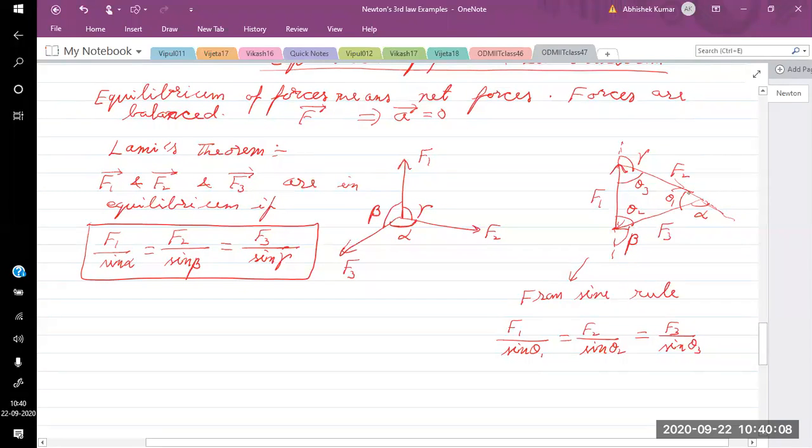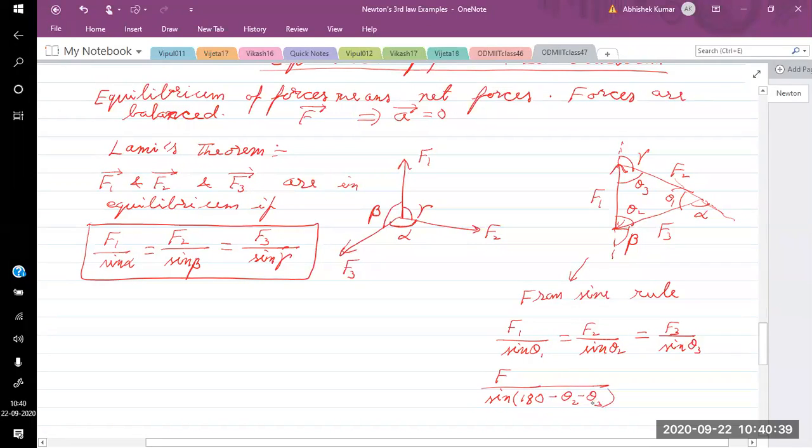If three forces are making a closed triangle, theta 1 can be replaced with alpha, so we can write sine 180 minus alpha. The alpha is equal to the sum of these two angles, and theta 1 is 180 minus theta 2 minus theta 3.